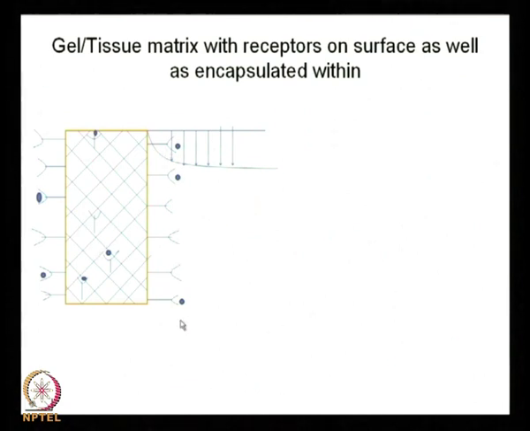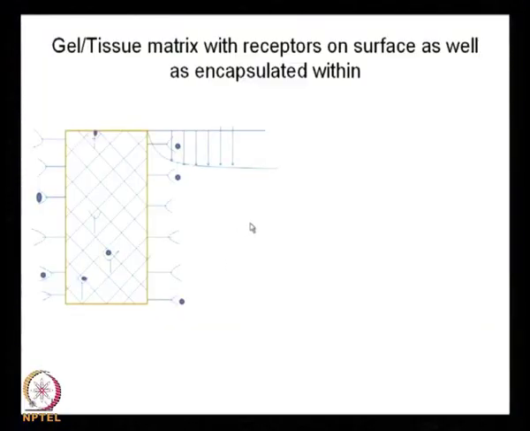Now we are looking at a more practical case where the enzyme is entrapped inside as well as covalently attached to the surface. So this is a slightly more complicated case. What are your suggestions on what the equation and boundary conditions should be in this case?